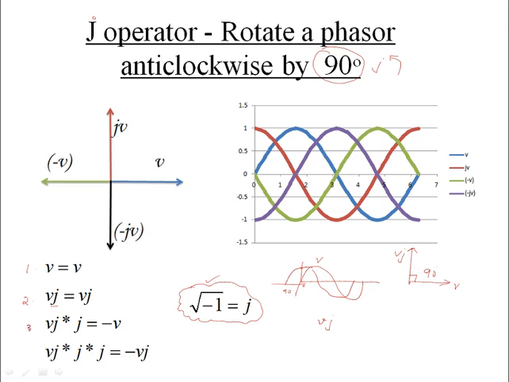Then the third step, Vj into J, so J square is minus 1, we know J square equals minus 1, so equal to minus V. Then minus V into J is the fourth step, and I will get minus Vj.